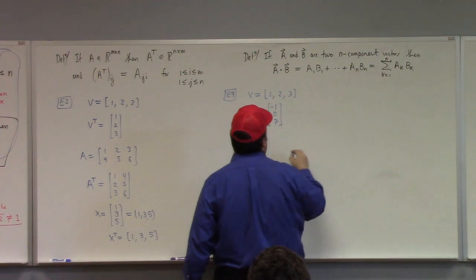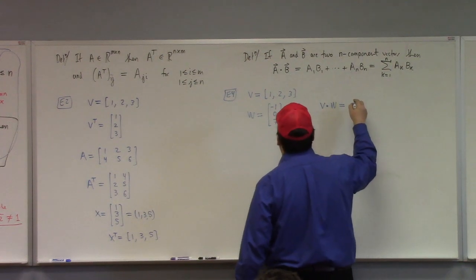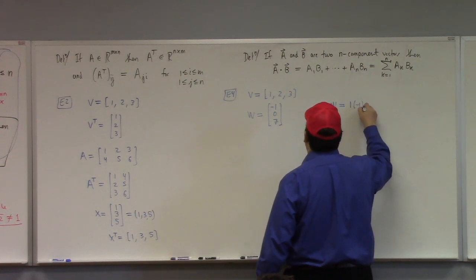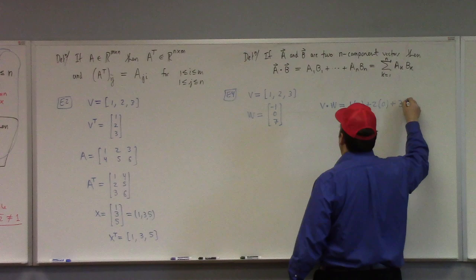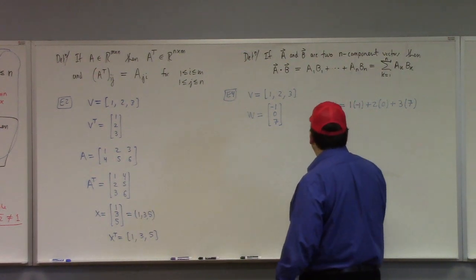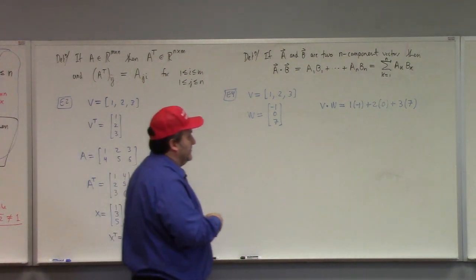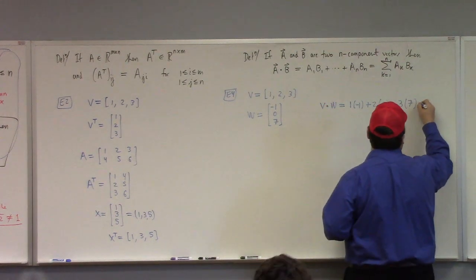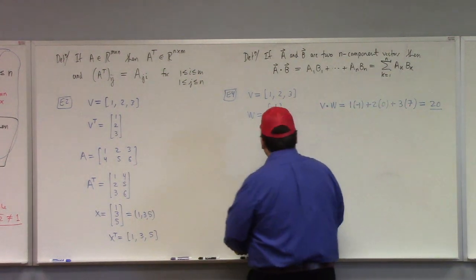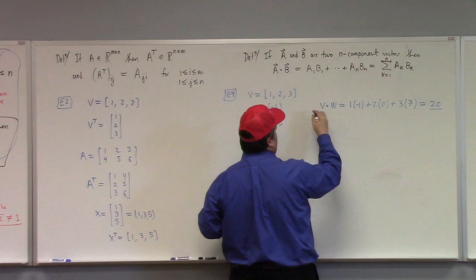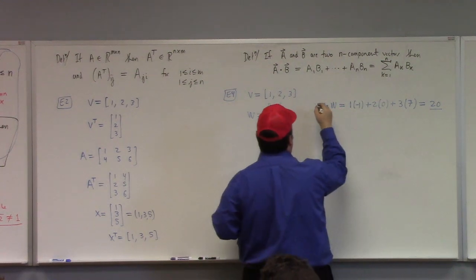Then I would like to allow us to do V dot W equal to 1 times -1 plus 2 times 0 plus 3 times 7, which is 21 minus 1, I guess it's 20. Notice that also is equal to VW as well, by the thing in the upper board over there.